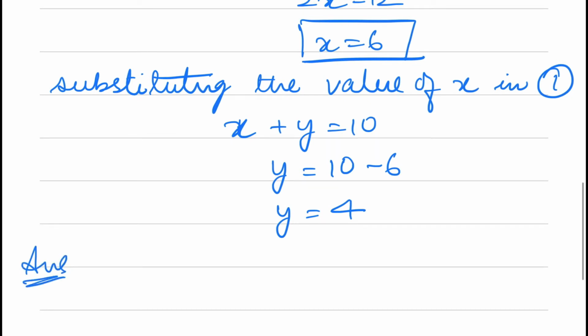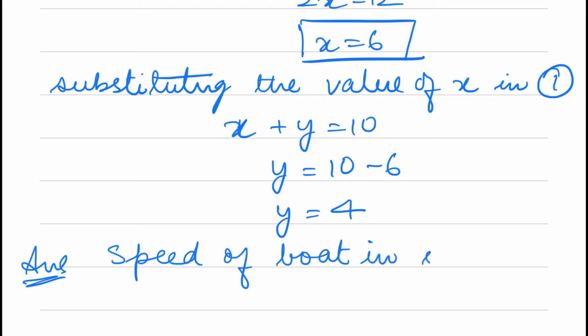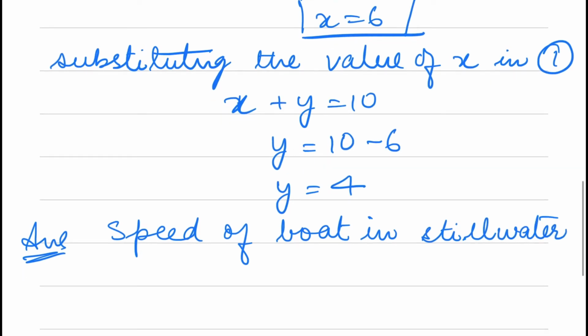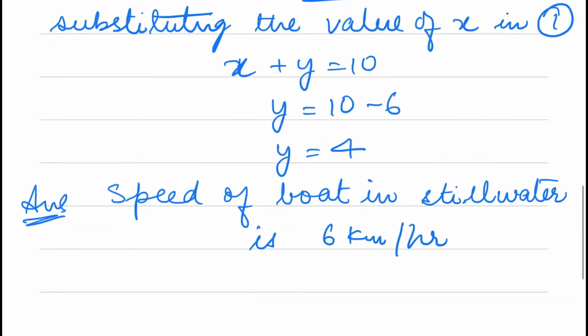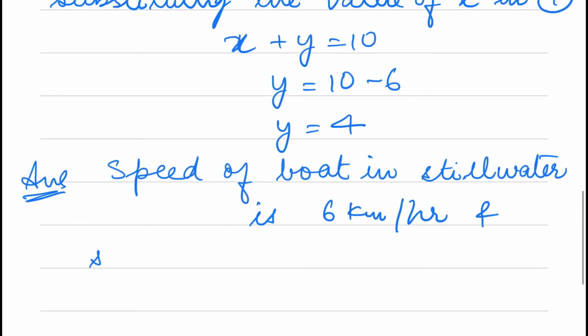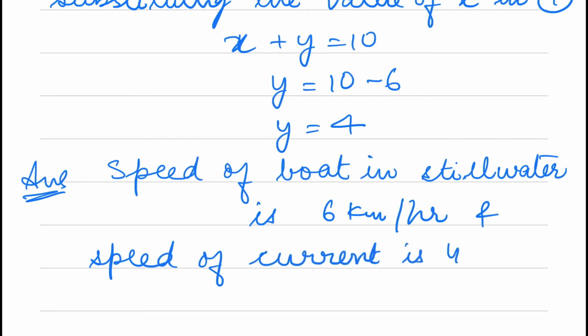So we have speed of boat in still water or she's rowing is 6 kilometer per hour and speed of current is 4 kilometer per hour.